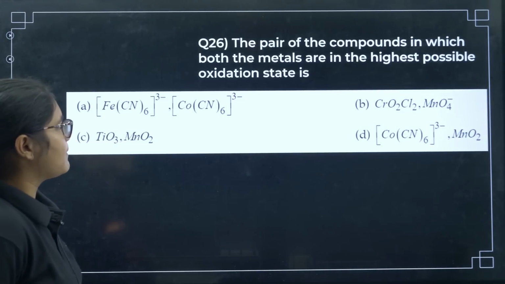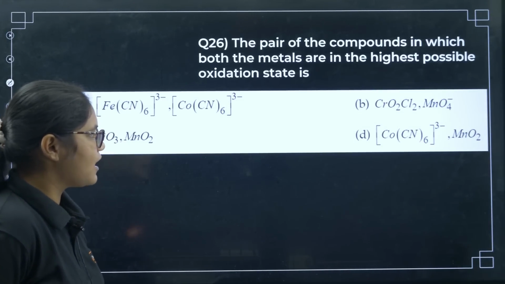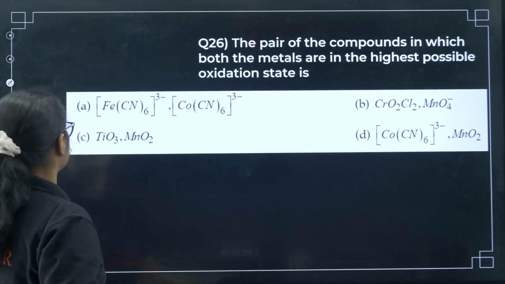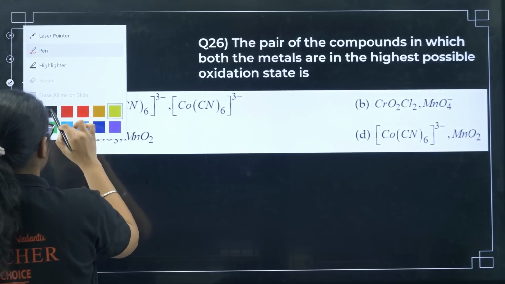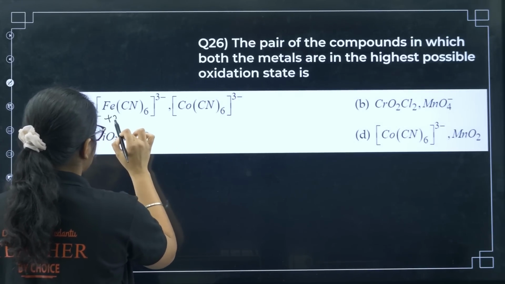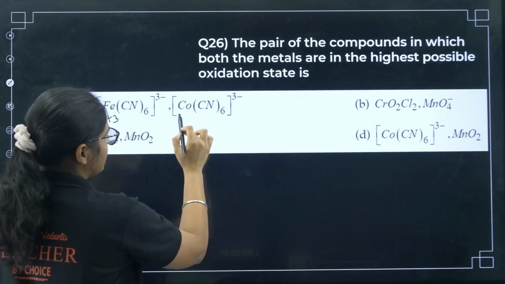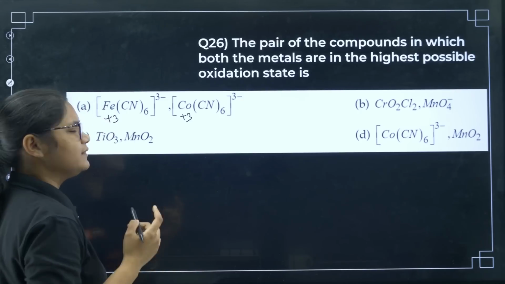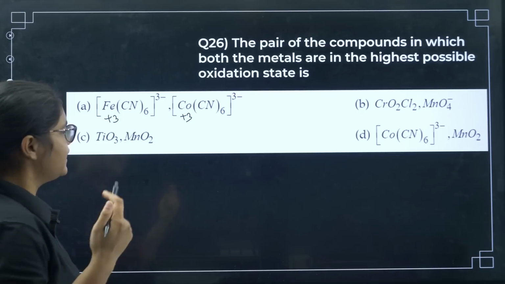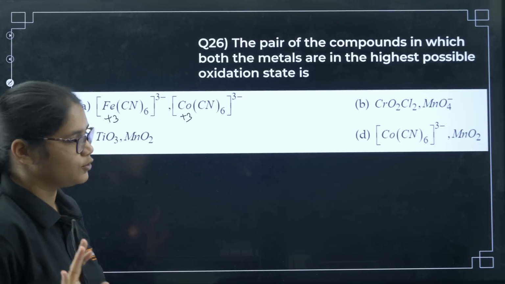Next, the pair of the compounds in which both the metals are in the highest possible oxidation state is. So now if I see the first one, let me calculate. So here you can see Fe is in +3 state, and cobalt here is also in +3 state. I think this is the answer because Fe also has the highest oxidation state as +3 and cobalt highest oxidation state is also +3.